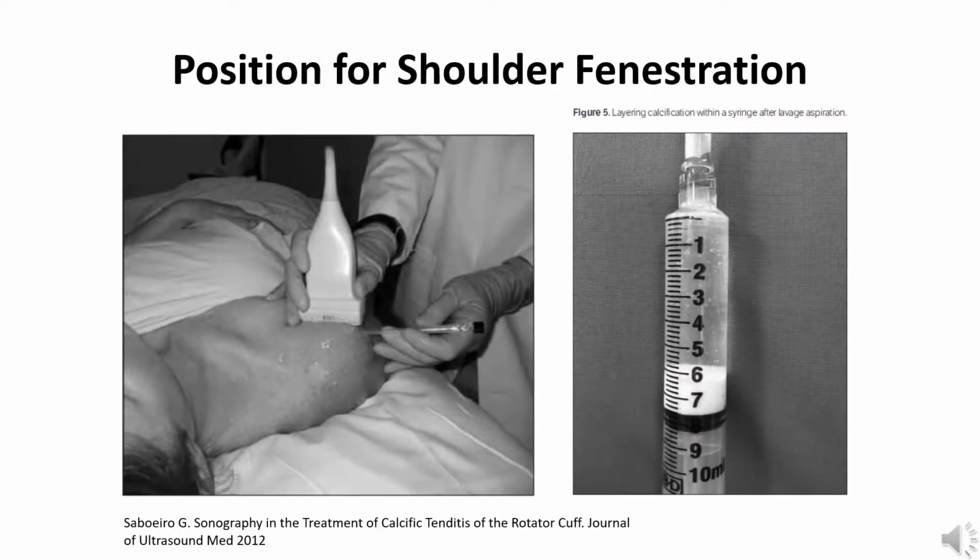The position of the shoulder for fenestration is illustrated on the photograph on the left hand side of the slide. Here you will see the ultrasound transducer in plane with the supraspinatus tendon, and the needle is directed in plane to the tendon.